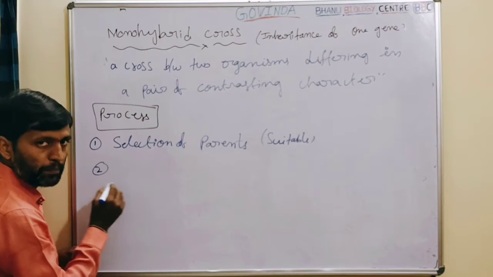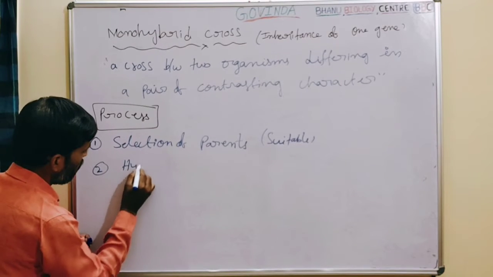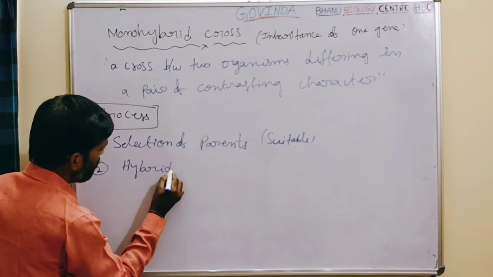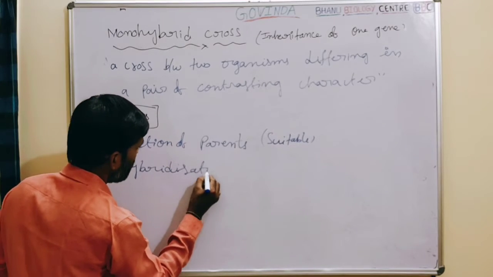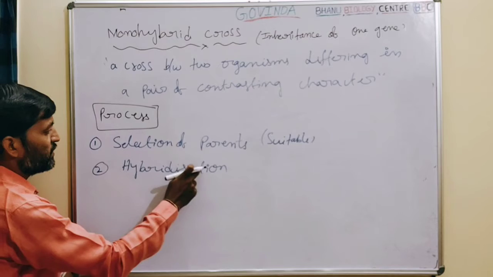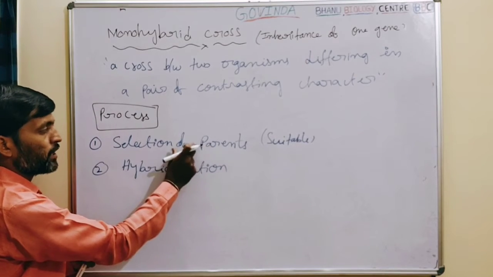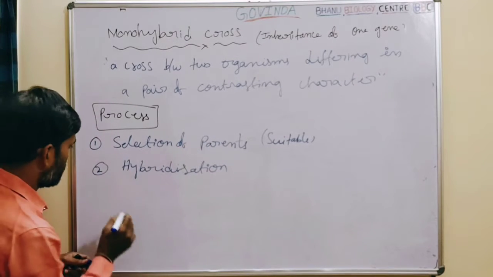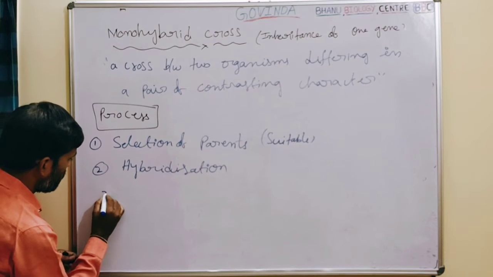The second step is hybridization. In this step, we make a cross between the two parents selected in the first step.